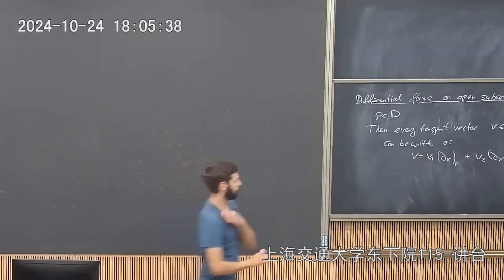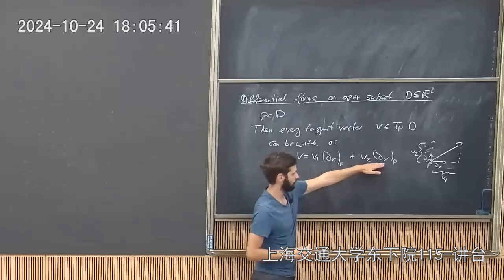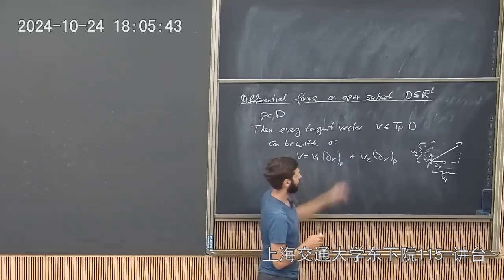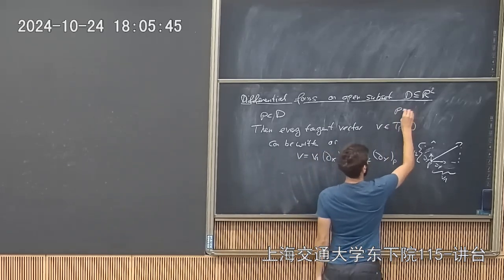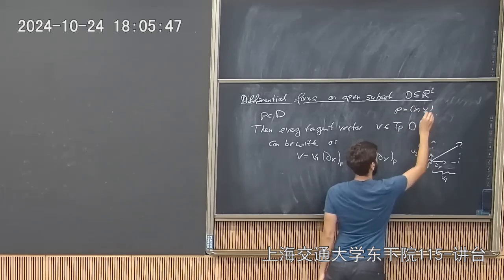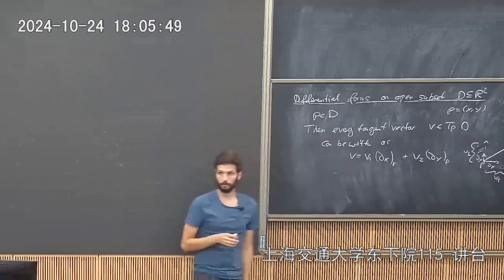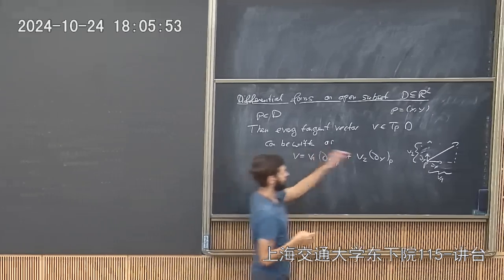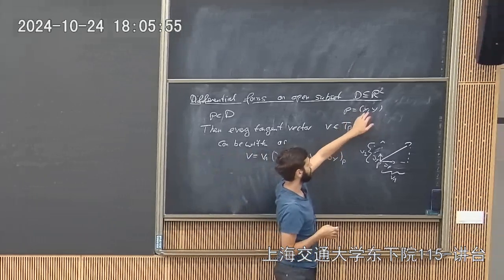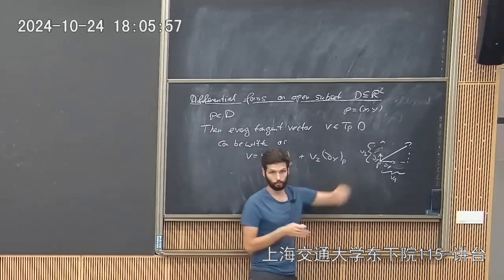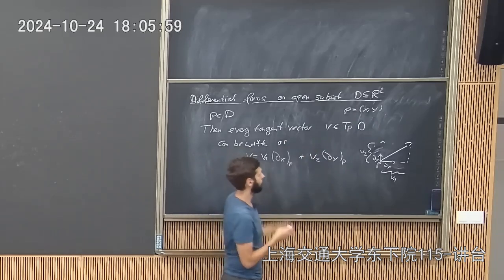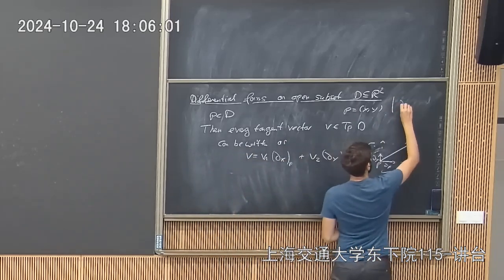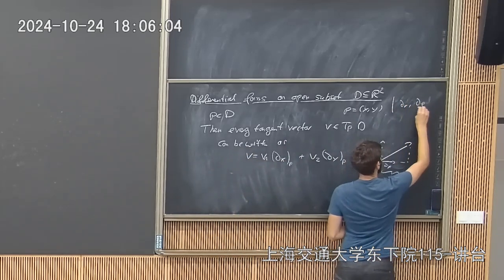We write dx and dy just as a notation, because we usually write points as x and y. But sometimes it's more useful to use different kinds of coordinates. For example, I could have the coordinates phi and r, so polar coordinates, and then I would most likely write that as dr and d phi.